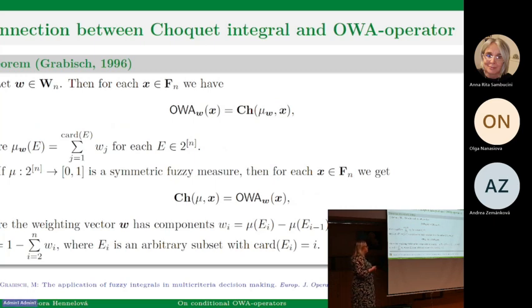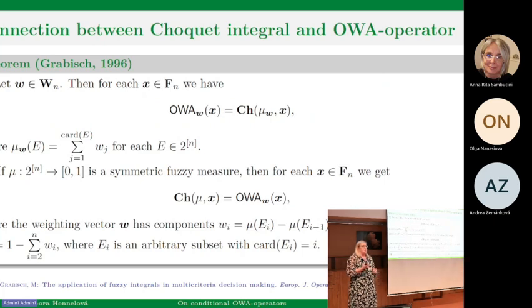The Choquet integral with respect to a symmetric fuzzy measure is an OWA operator, where the weighting vector is defined as follows. Due to this theorem, the class of OWA operators is a subclass of Choquet integrals.